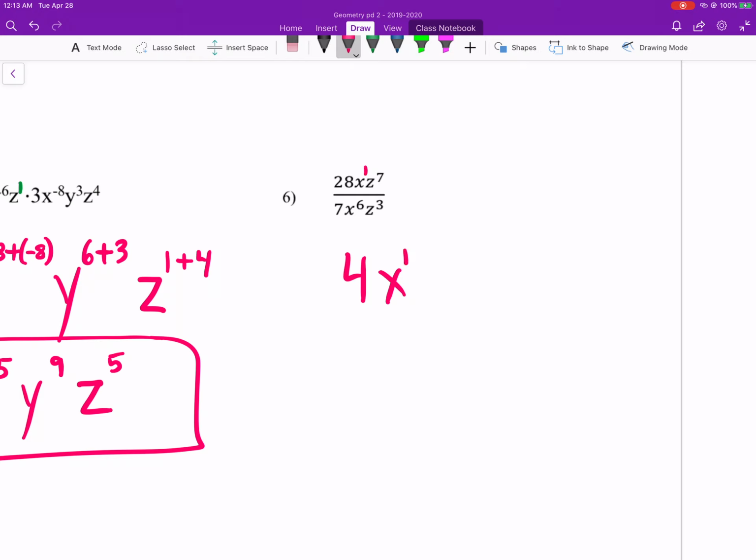Remember, the operation is subtraction, so 1 minus 6. And then we have z to the 7 minus 3. This is now 4x to the what? 1 minus 6. It's fine if you don't know it, throw it in your calculator. Negative 5. And z to the 4th.